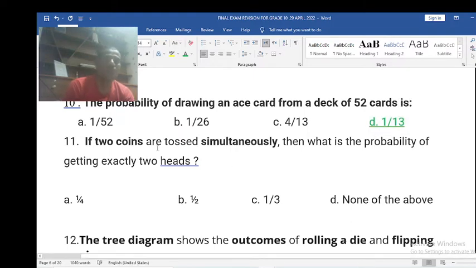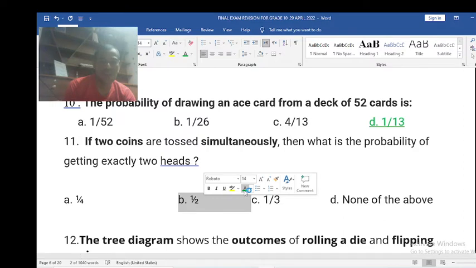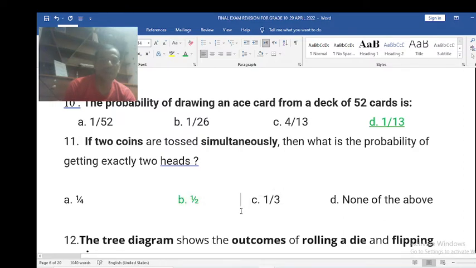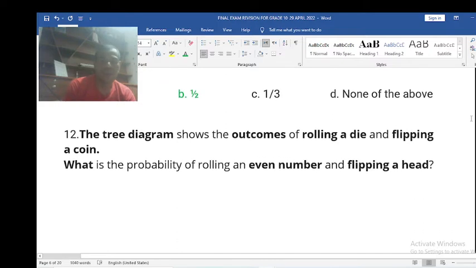Then if 2 coins are tossed together simultaneously, what is the probability of getting exactly 2 heads? So it's clear, the answer here is 1/4 plus 1/4, which is equal to half. Okay, the next, now let's try to enter this.